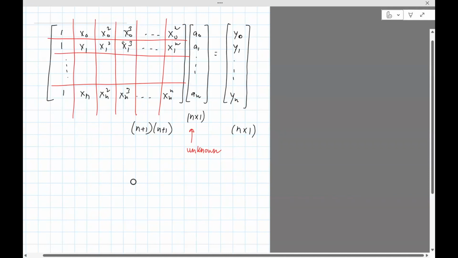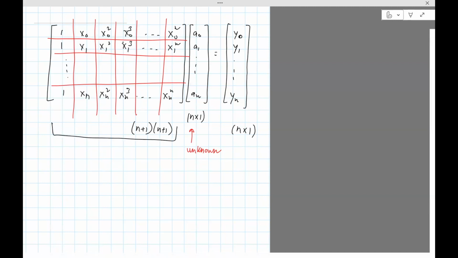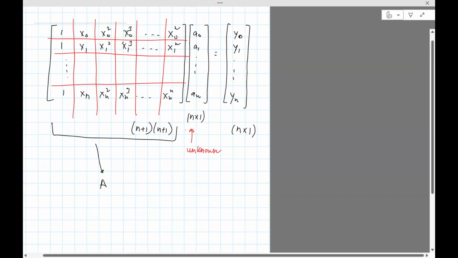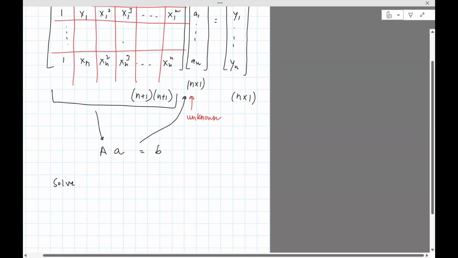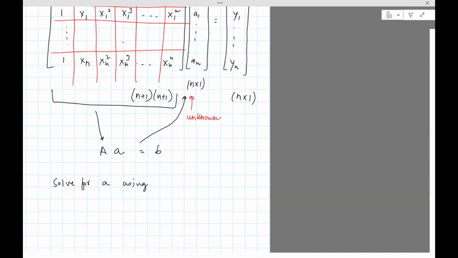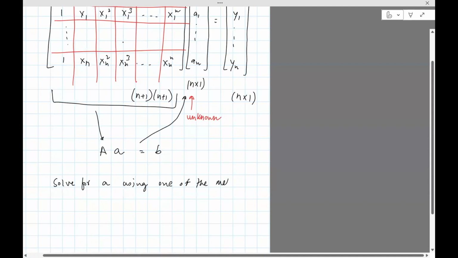So if you want to think of this matrix as, let's say, A, we can call this A times small a equals B. Then we can solve for a using one of the methods discussed earlier.